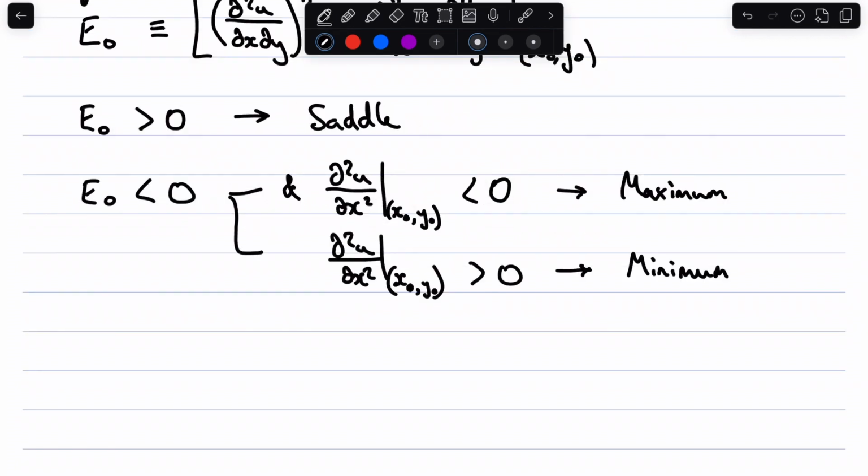So for finding the three different types of stationary point, if the character is greater than 0, that leads to a saddle point. That's simple. And then if the character is less than 0, we'll need to use d2u by dx squared at the point x0, y0, and if that's less than 0, it's a maximum. If it's greater than 0, it's a minimum. And if E0 is equal to 0, we'd need some higher order derivatives, but we're not going to be looking at that in this case, so you're unlikely to come across those. And the proof of all these criteria is in the next section of the functions topic.